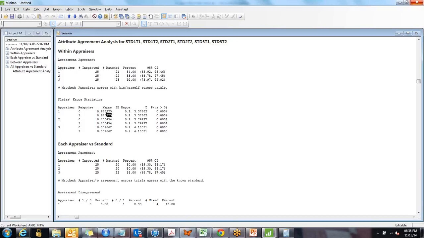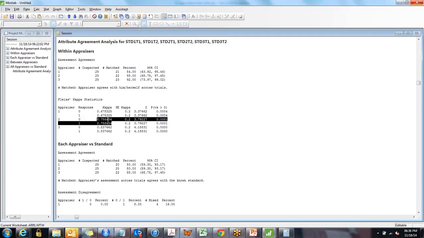For both of these things, the values are 0.675325. Since it is less than 0.9, and it is also less than 0.7. At least if it is greater than 0.7 and less than 0.9, I would have accepted it with some caution. But here, since it is less than 0.7, we blindly reject it. So his measurements are unacceptable.